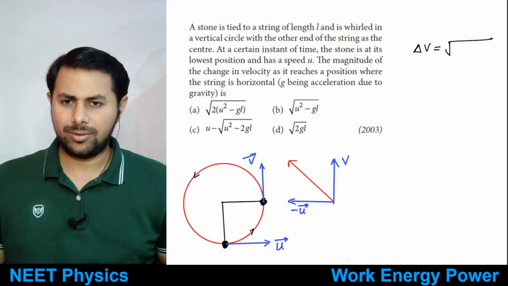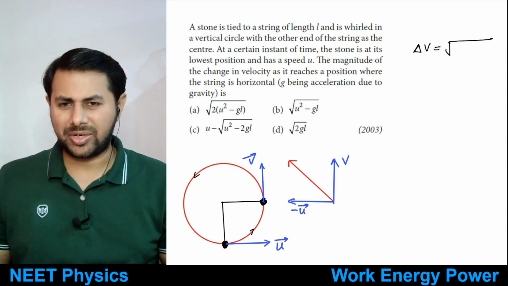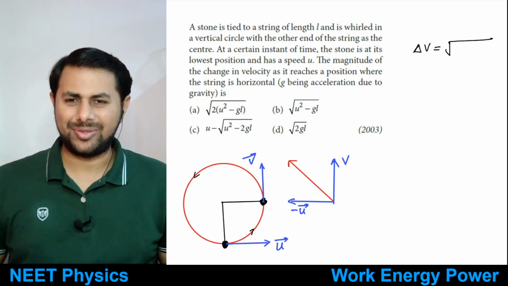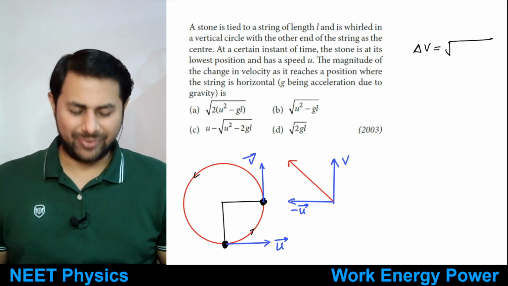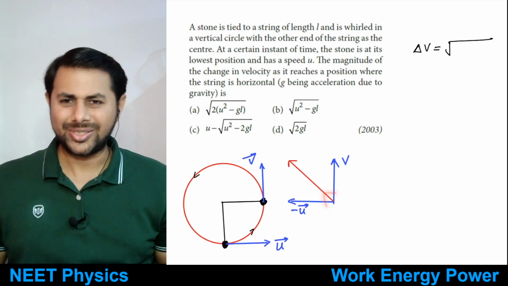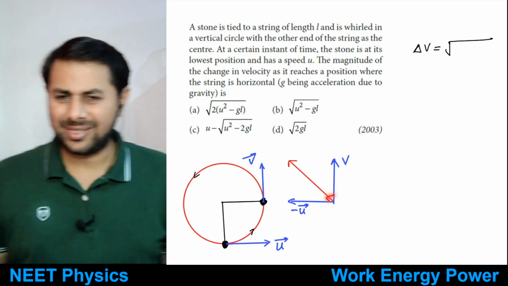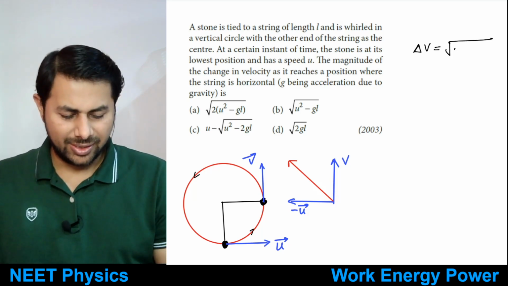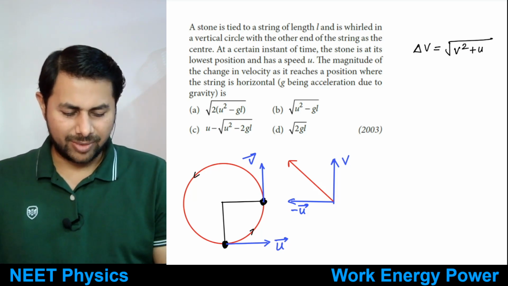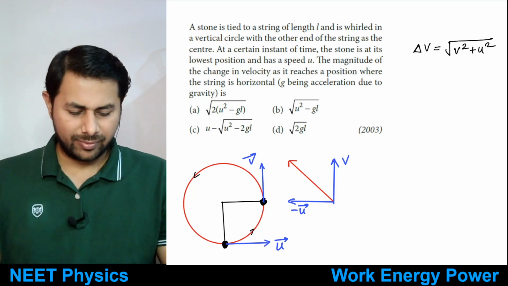It is square root of first vector square plus second vector square plus 2 times magnitude of first vector into magnitude of second vector multiplied by cos of the angle between the two. The angle is 90 degrees, therefore it is just the magnitude of first vector square plus magnitude of second vector square.